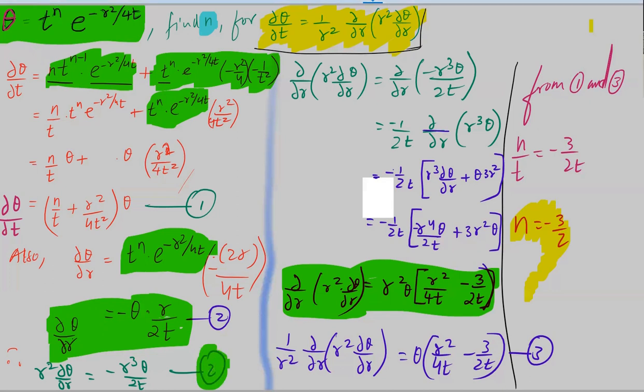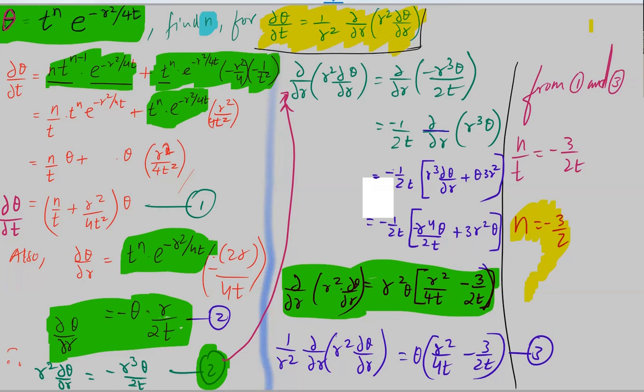Now again I will differentiate with respect to r. So ∂ by ∂r of r square d theta by dr, we differentiate minus r cube theta upon 2t. So 1 upon 2t is constant, so we wrote out minus 1 upon 2t.